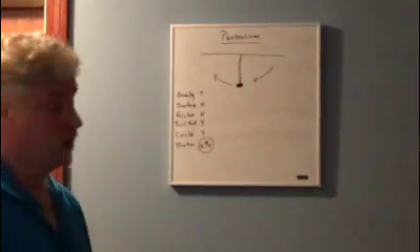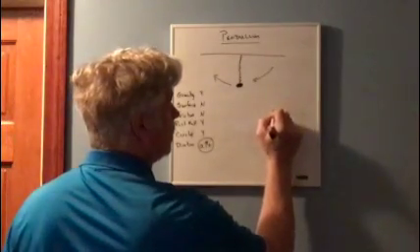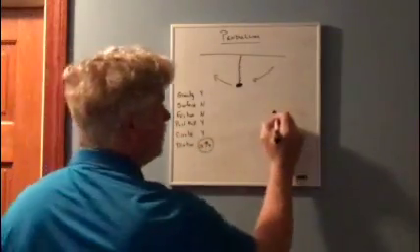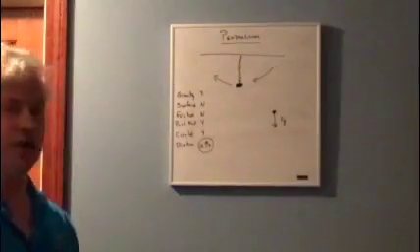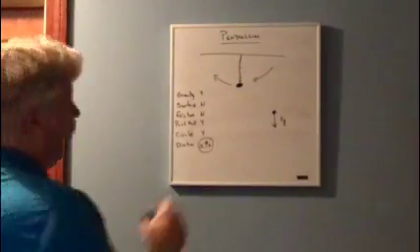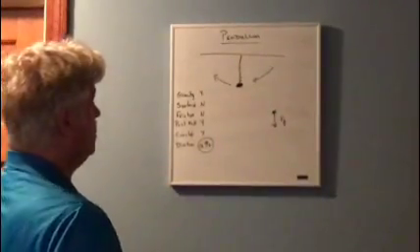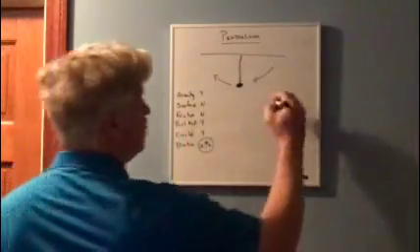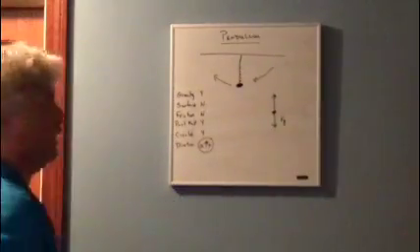Okay, so now let's do our free body diagram. All right, so here's our spot. Do we have gravity? Yes, we do. So we have the force of gravity going in this direction. We're not on a surface, so therefore we have no movement this way. We don't have any friction. Do we have a push and a pull? Yes, we do. So we have a push and a pull, and that's going in this direction.